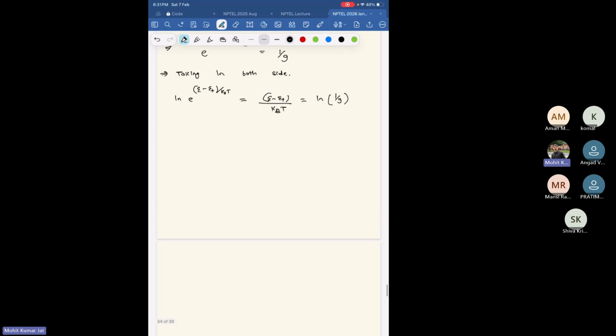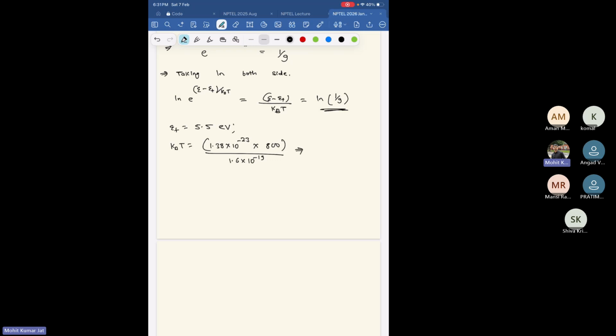Right? ln 1 by 9, you can estimate, this is just a numerical number, and EF, which we estimated in the last question, was 5.5 eV, right? And kB, which we know is the Boltzmann constant, so kBT will be nothing but 1.38 times 10 power minus 23 times temperature, which is 800 Kelvin, and you have to convert it to electron volts also, so divide it by 1.6 times 10 power minus 19.